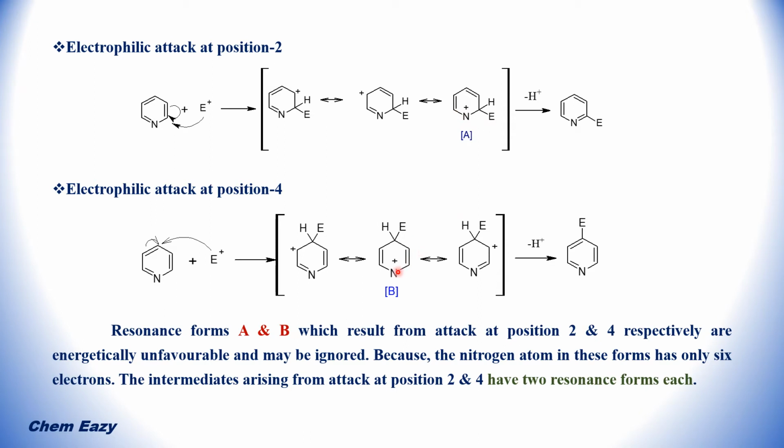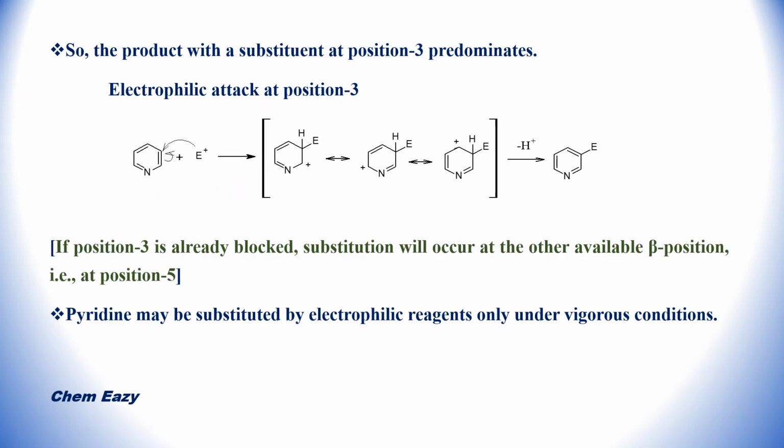In the same way, in this B structure also, nitrogen is having only 6 electrons. So, the intermediates arising from attack at position 2 and 4 have 2 resonance forms each, not 3. Due to these reasons, the product with a substituent at position 3 predominates over second and fourth position substitution.